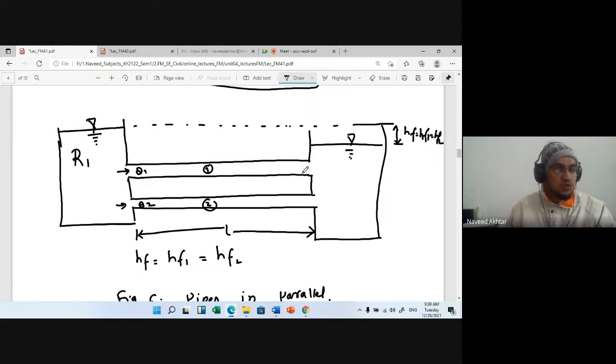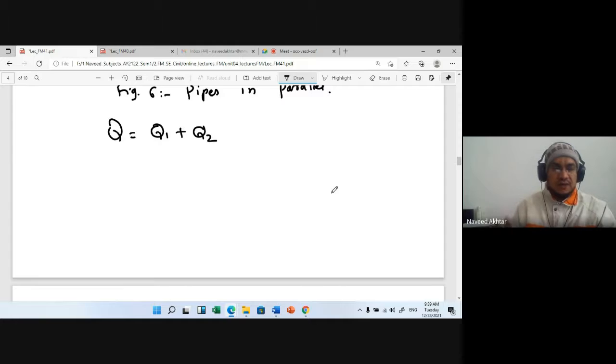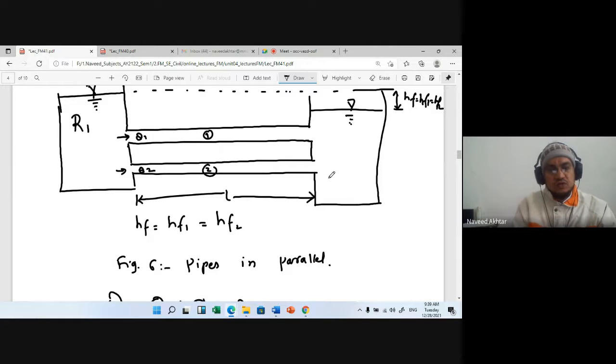Q1 plus Q2 plus Q3, depending on how many pipes you are putting. Here only two pipes are there, so you can write Q is equal to Q1 plus Q2. If three pipes, then Q1 plus Q2 plus Q3. If four pipes, Q1 plus Q2 plus Q3 plus Q4.